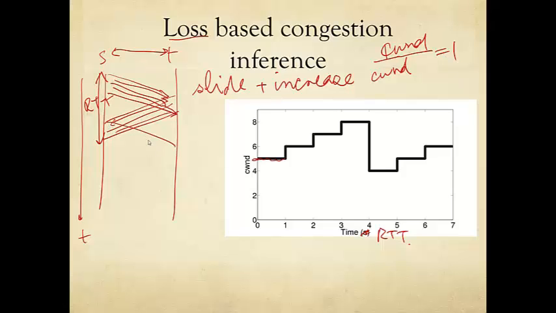And now next time when you send, you can send 1, 2, 3, 4, 5 because you slide the window by 5, and one more because you increase the window size by 1. Okay, and this keeps on going. So you've got 6 packets, and then assuming that there's no congestion and therefore, at least for wireline network, there's no loss, you go to 7 after another round trip time, and then go to 8.